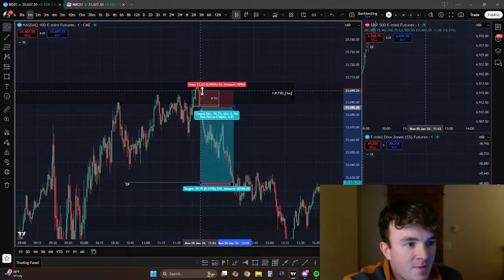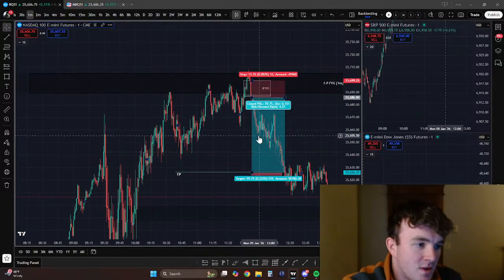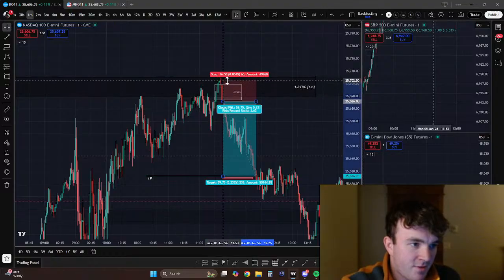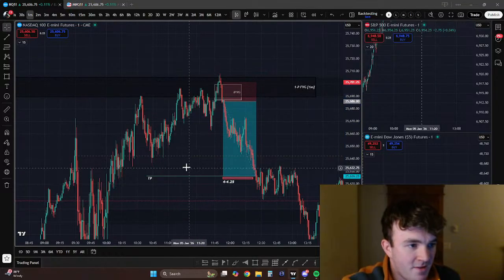You could have stop loss like that. You could. I think the stop loss from here to here really is just personal preference at that point.